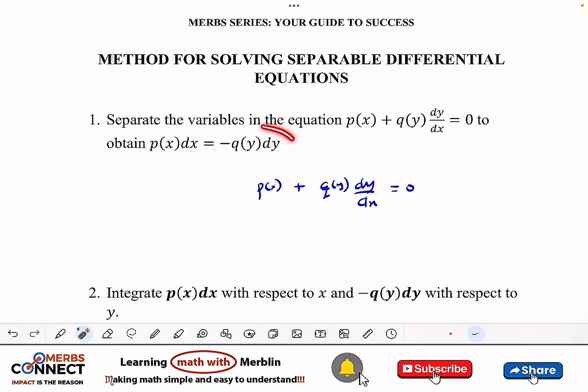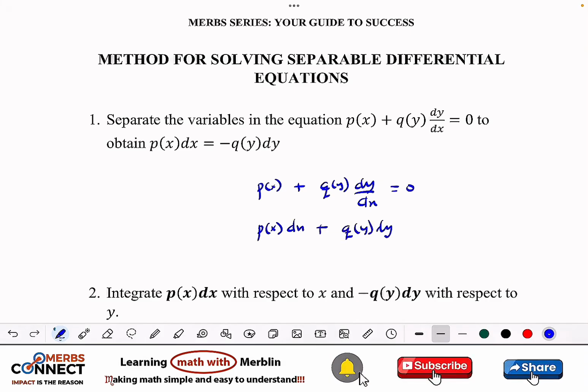Now, how can you write it in this form? First, I'll multiply through by dx, because I have the dx here, so that the dx will multiply this. So I'm going to have p of x dx plus k of y dy, because when I multiply this one by dx it will cancel the dx. And when I multiply dx by 0, I'll get 0.